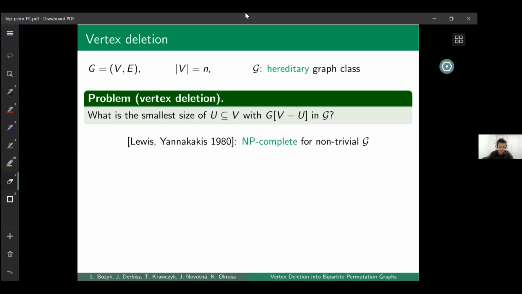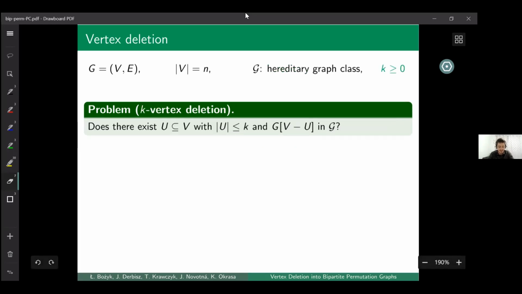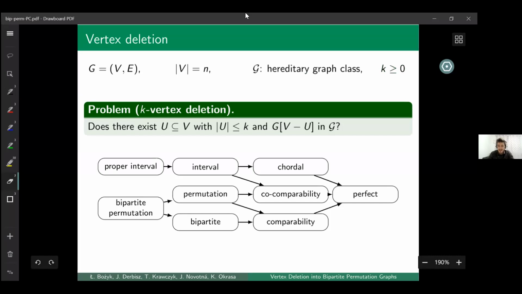Then it's NP-complete to find the smallest set whose deletion leads to our favorite class. So it's natural to take a parameter k and to consider the problem of whether we can remove at most k vertices to get into our class. And this problem, parameterized by k, has received vast interest in recent years or decades. So let me show you where the question came from.